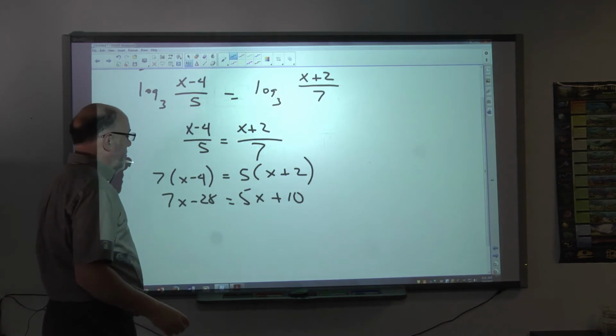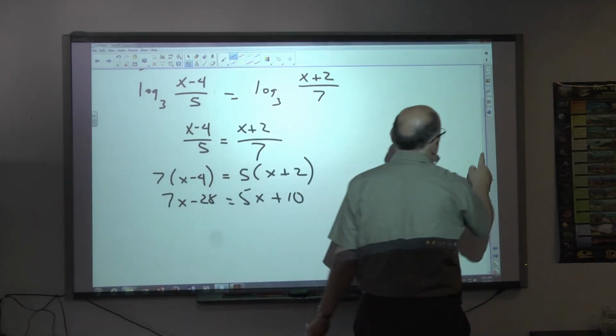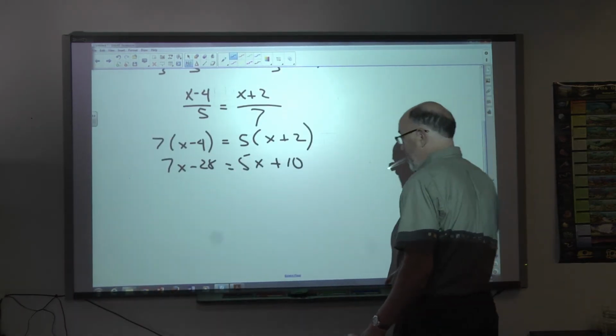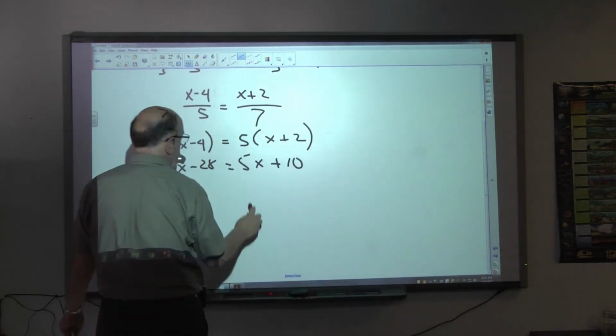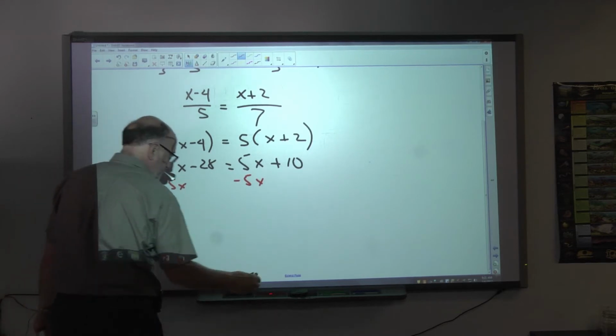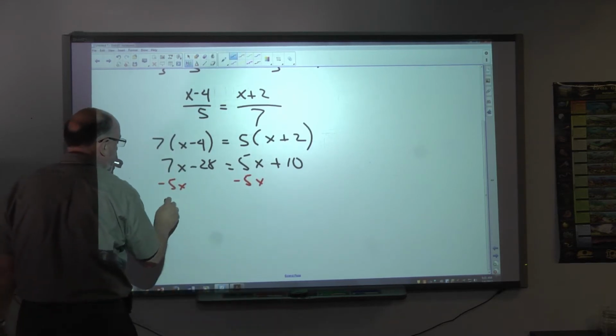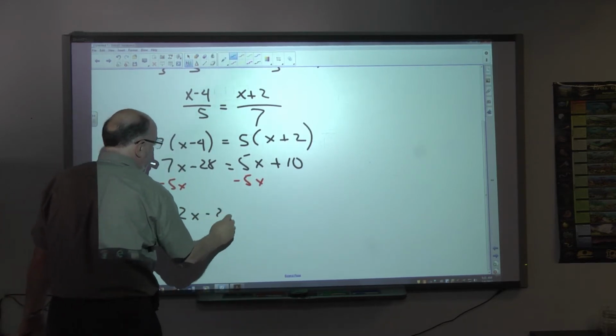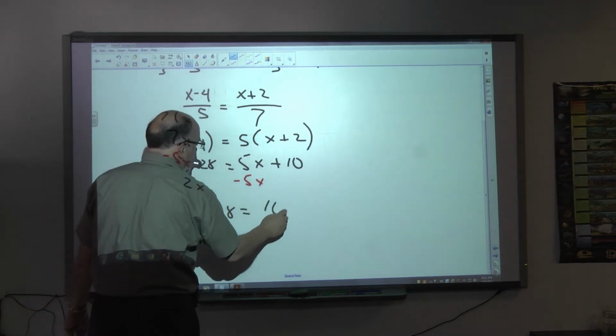plus 10. Right? We want to get the x's on one side. So we'll subtract 5x, subtract 5x, and so 2x minus 28 equals 10.